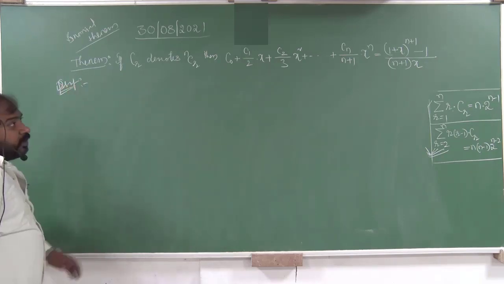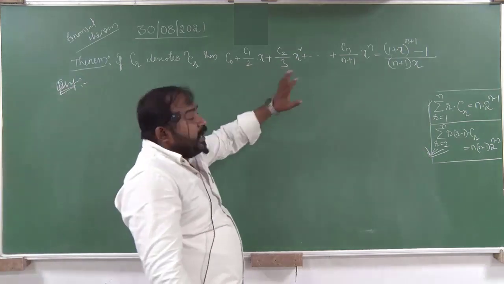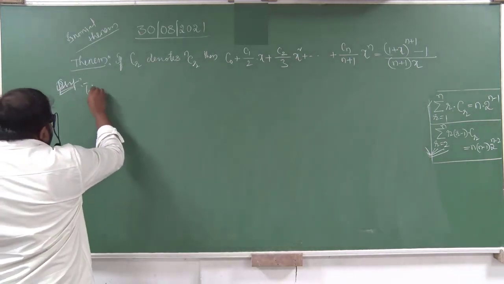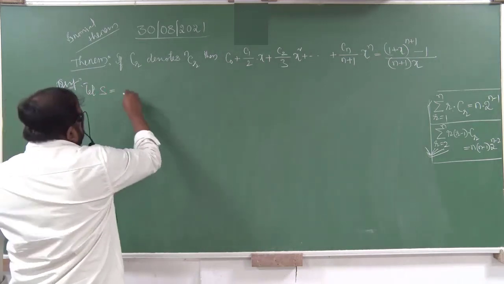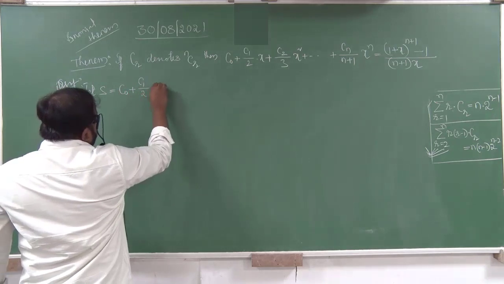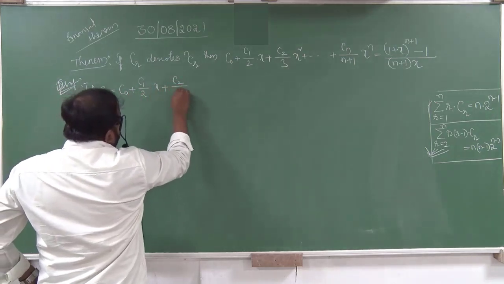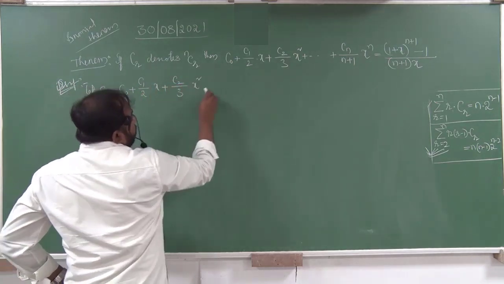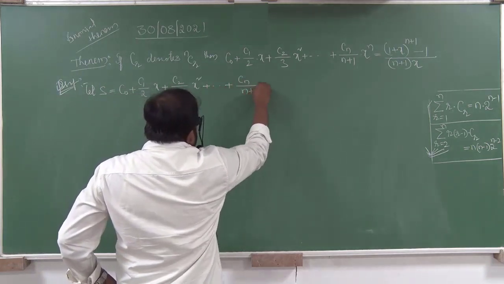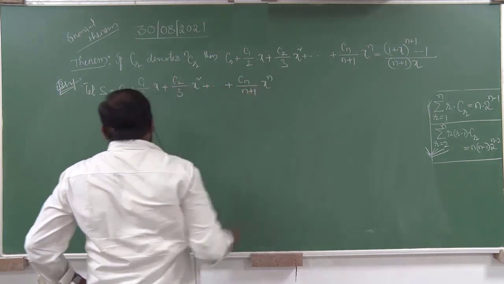First of all, take this given value as s. Let s be equal to C0 plus C1 by 2 into x plus C2 by 3 into x square plus and so on, plus the last value Cn by n plus 1 into x power n.